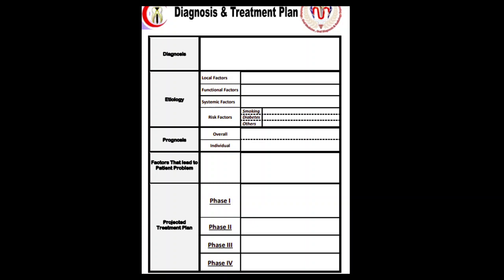So it is diagnosed as localized aggressive periodontitis and generalized aggressive periodontitis. The localized aggressive periodontitis affects the central incisors and the first molar, not more than 2 teeth other than the incisors and the molar. But the generalized aggressive periodontitis affects more than 2 teeth other than incisors and the molars.